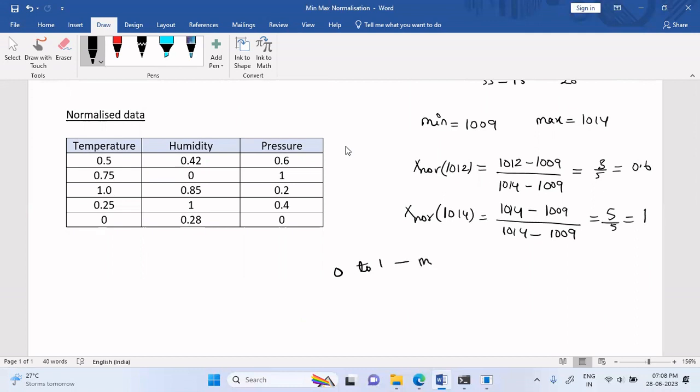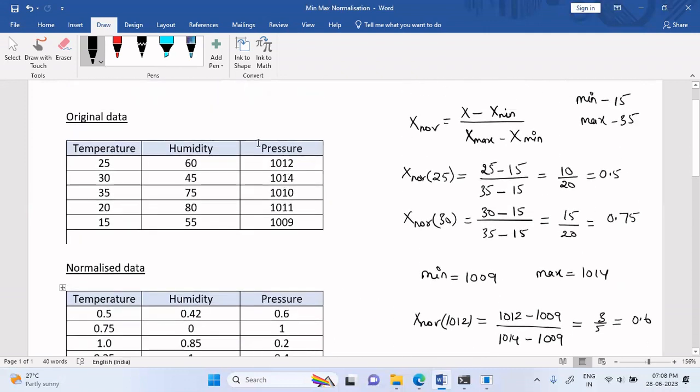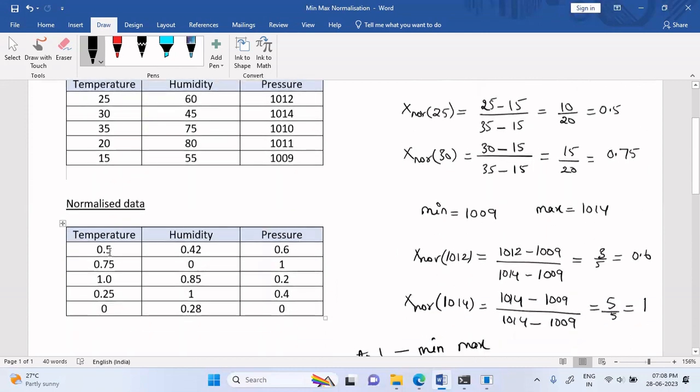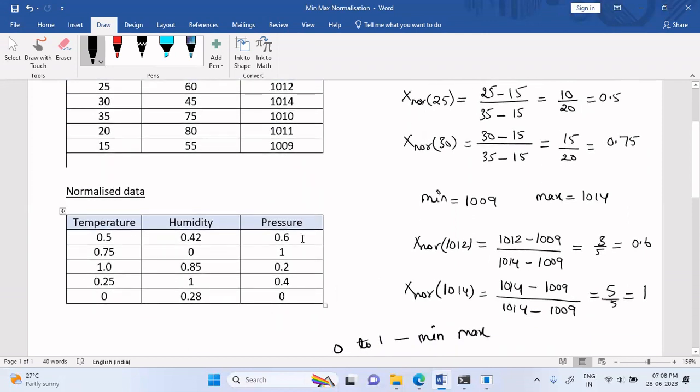In this way, the min-max normalization process normalizes the data between 0 and 1, making them into a similar scale. That means a similar range of values, so that the machine learning algorithm can treat each and every column in the dataset with equal importance.